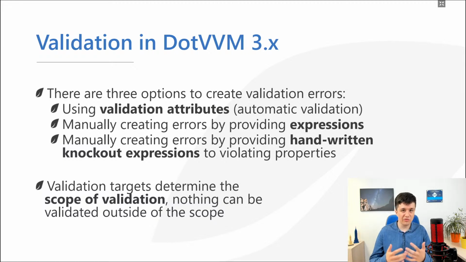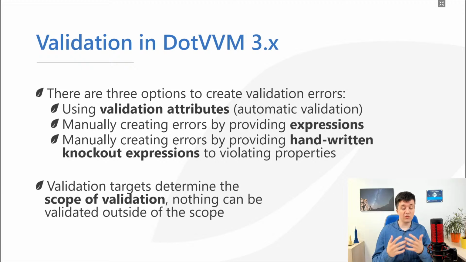And they were also pretty hard to write sometimes, as I'll be showing you on the next slide, where I'll be comparing it to the new approach. So these are the three options that were available for you when creating validation errors. Mostly there are two, but in the second we can distinguish whether you use the compile time safe API or you were using these unsafe knockout handwritten expressions.